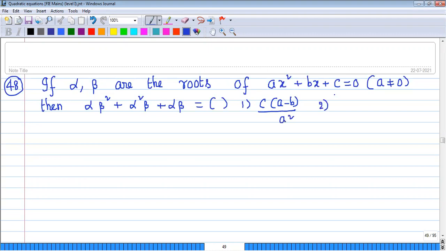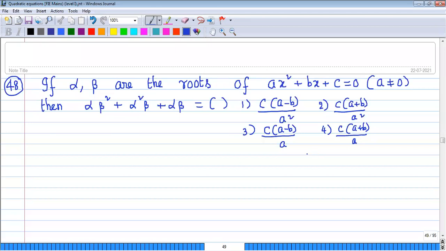Second option, c times (a plus b) upon a square. Third, c times (a minus b) upon a. Fourth one, c times (a plus b) upon a.